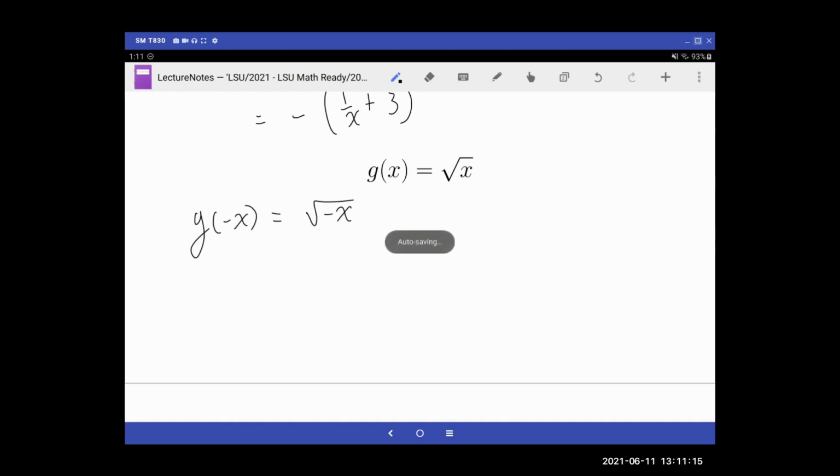So this is clearly not the same as the original. They're not the same thing, so it's not even. But it's not this, right? This would be odd, but that's not what this is. I can't just take the negative out. So it's not that, so it's not odd.